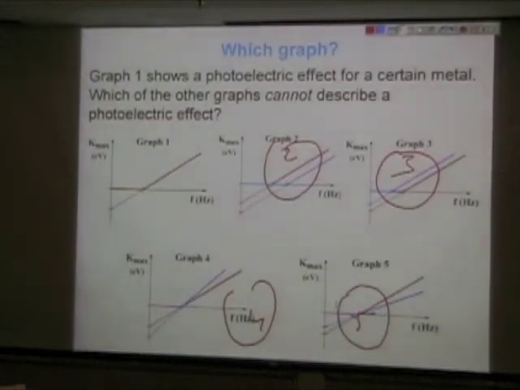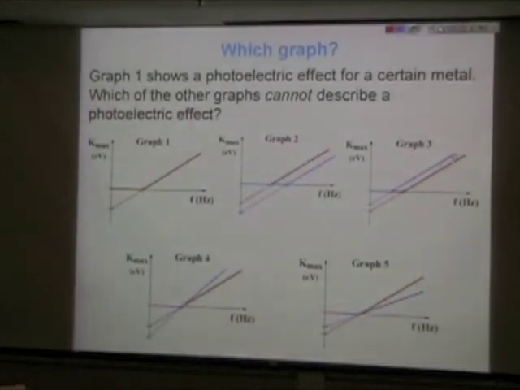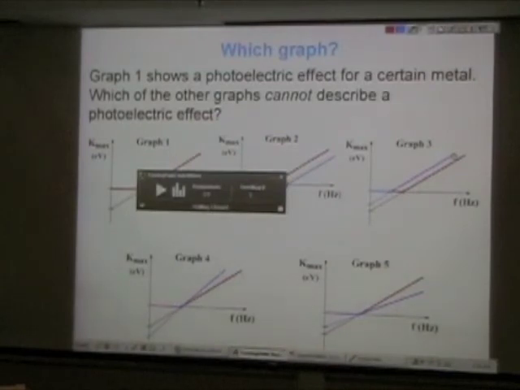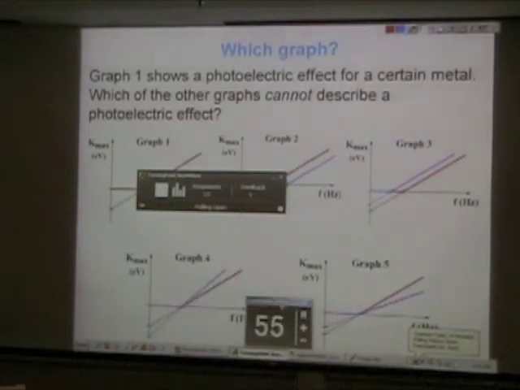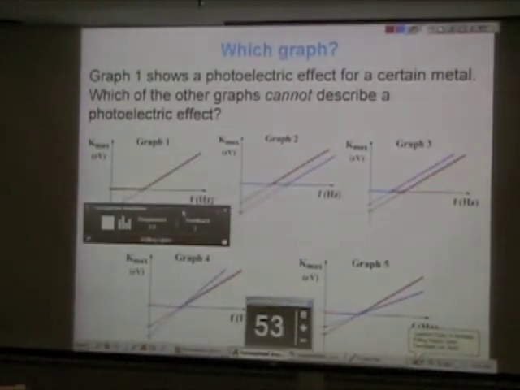If you think graph number 2 is wrong, you can press 2. If you think graph number 3 is wrong, you can press 3, etc. There's at least one wrong graph. Of course, you know for sure this is a correct graph. So the red line represents the correct graph.